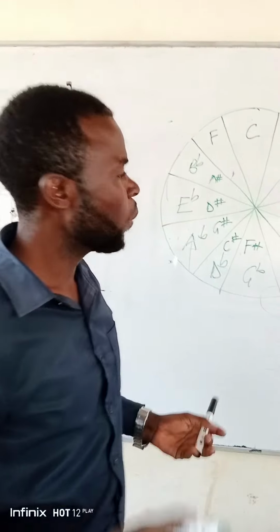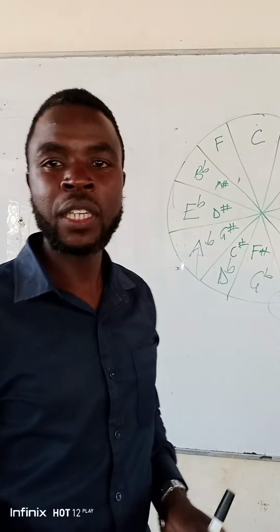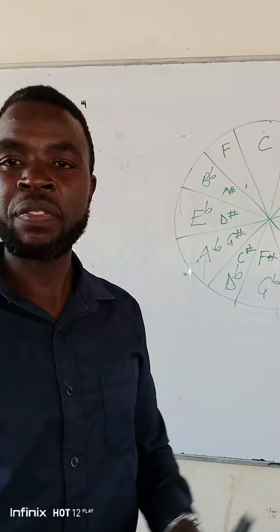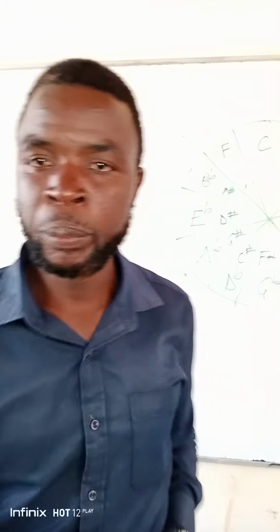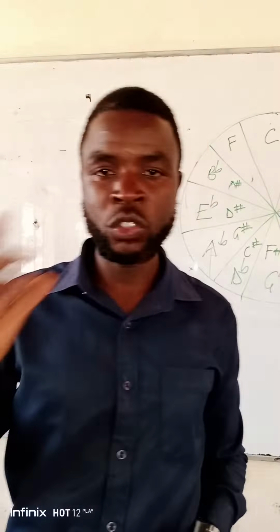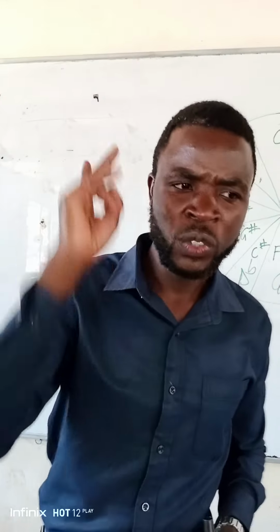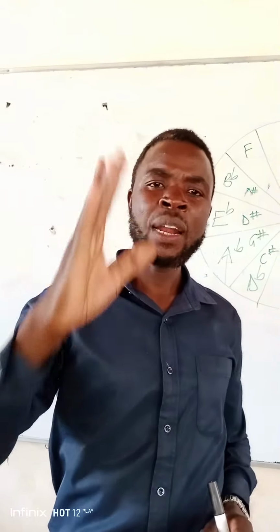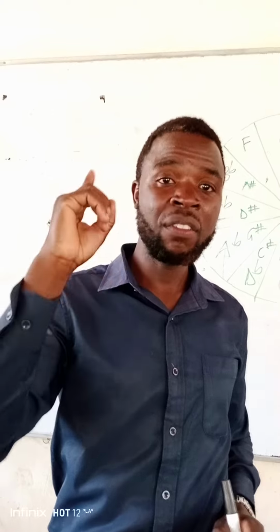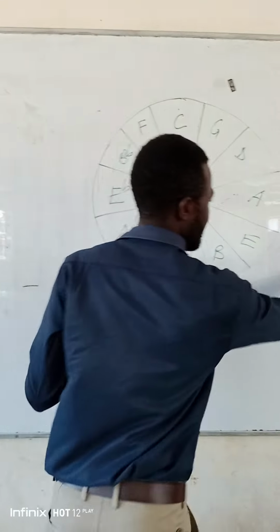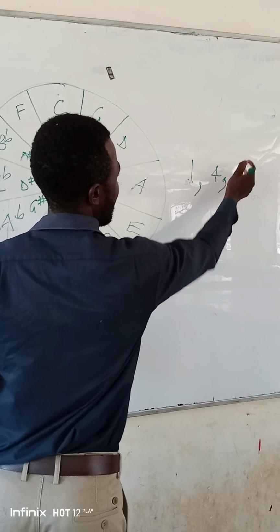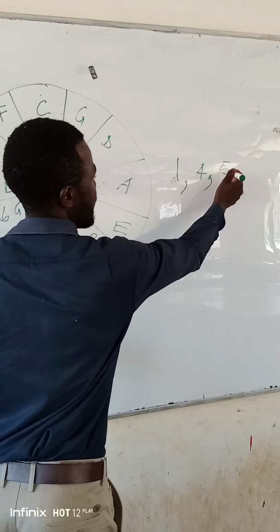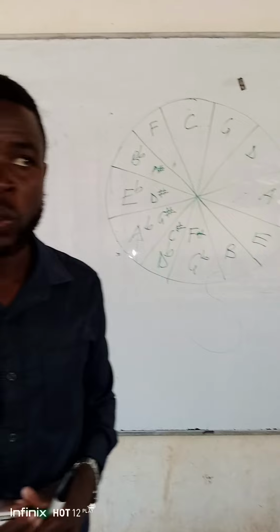Okay? Why is this called the circle of fourth and fifth? Because in the composition of a piece or a song, you consider chord number 1, 4, and 5. Those are the chords that you consider when you are doing a song.